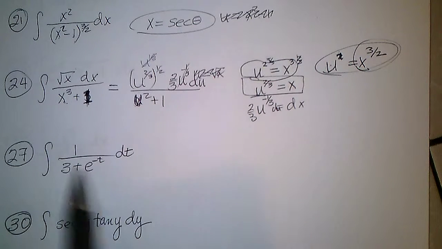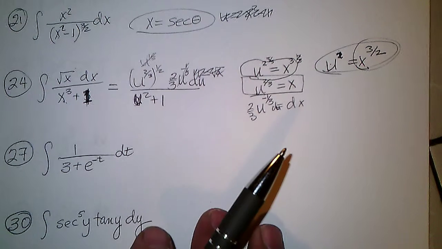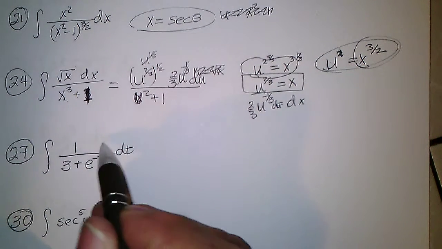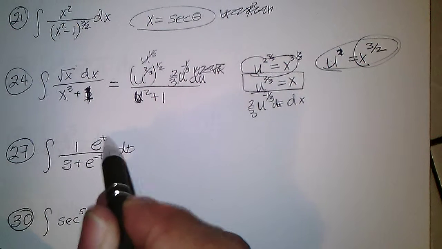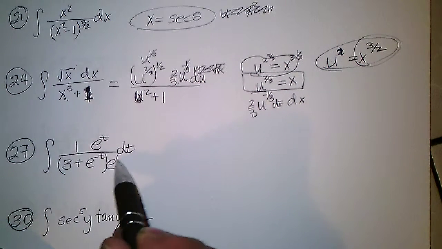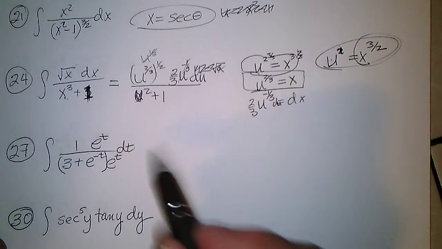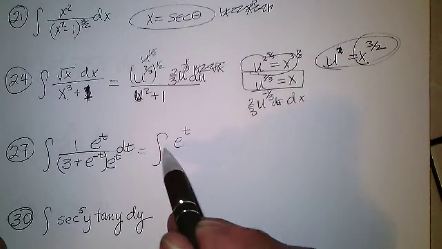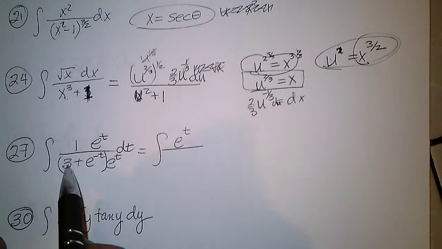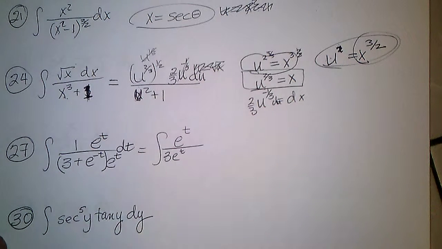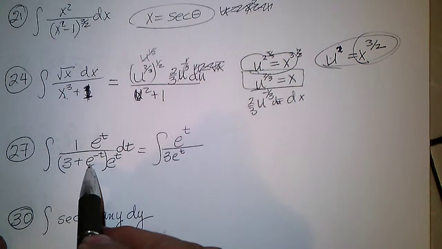27. This one had me stumped for a little while. I had to think about it for a second. Then I realized that if I multiplied the numerator by e to the t and the denominator by e to the t, I would get the integral of e to the t over e to the t times 3 and e to the t times e to the negative t.